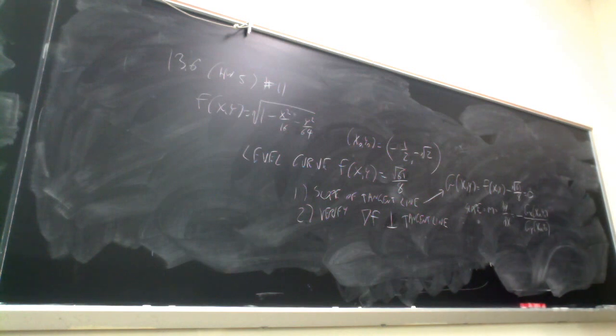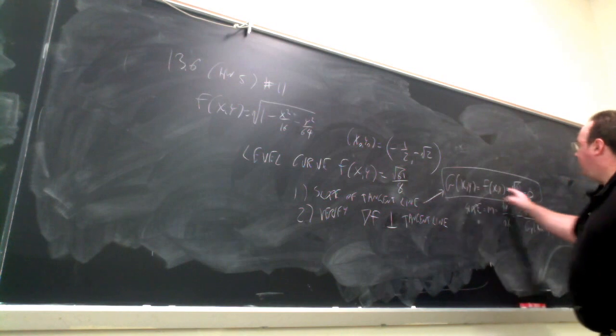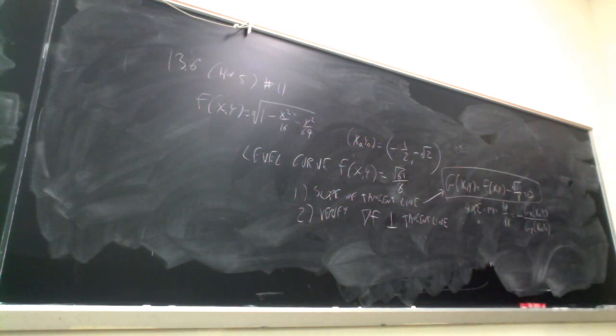Okay, any questions about this part of the problem? I know you're asking about the other part. When you have an implicitly defined curve, a function of x and y equal to 0, this is the slope of your tangent line.